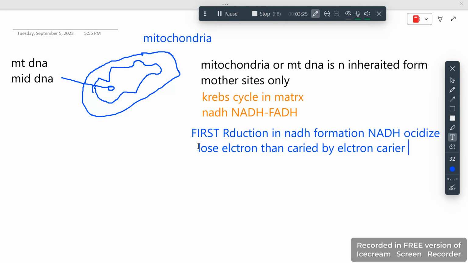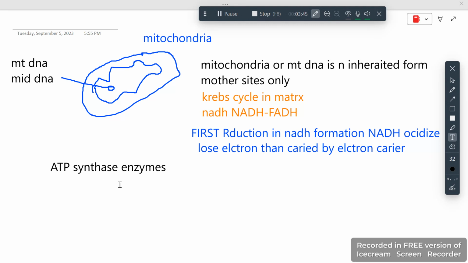Our body does not waste anything which is made in our body. So when there is loss of NADH, the electron will be lost again, and then it would again be carried by the electron carrier.